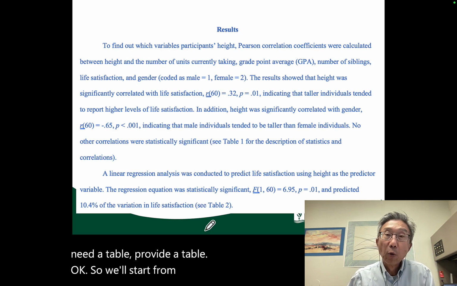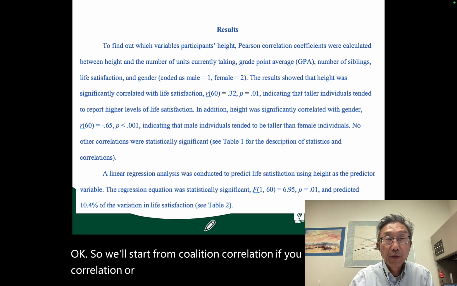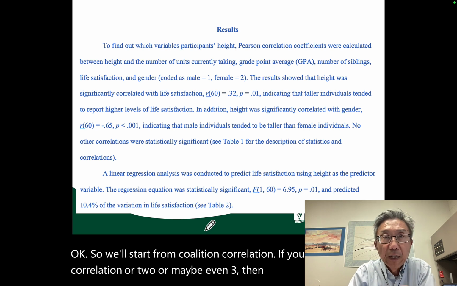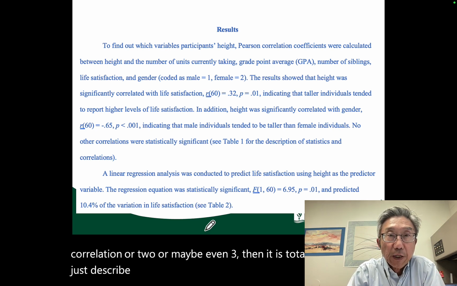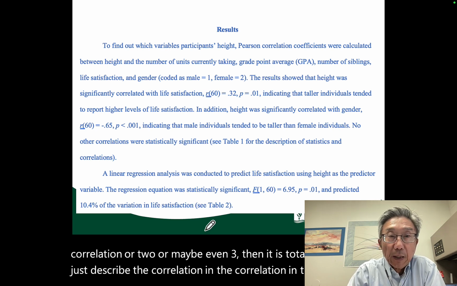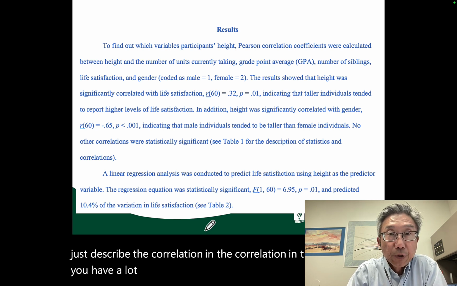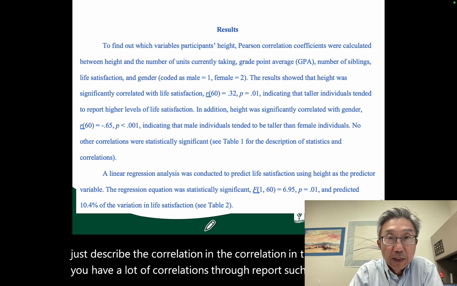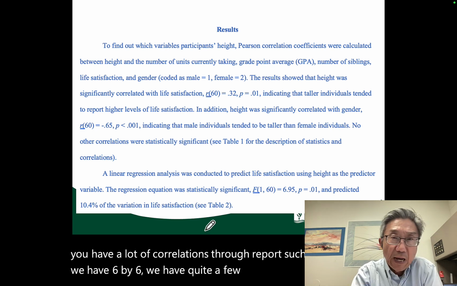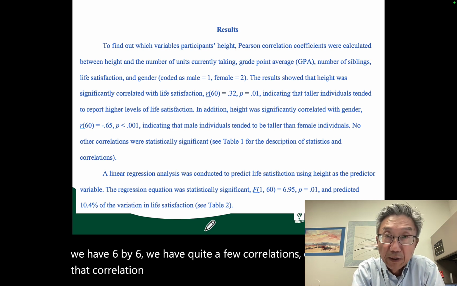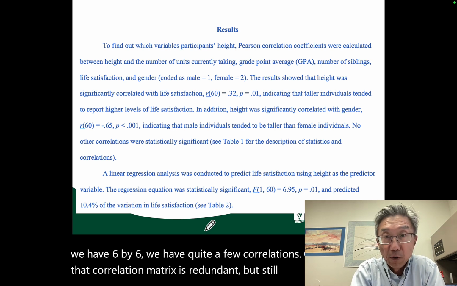Correlation: if you have only one correlation or two, or maybe even three, then it is entirely okay to just describe the correlation in the text. But if you have a lot of correlations to report, such as in this case, where we have 6 by 6, of course half of that correlation matrix is redundant, but still we have a lot of correlations.